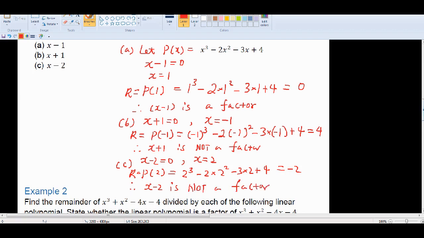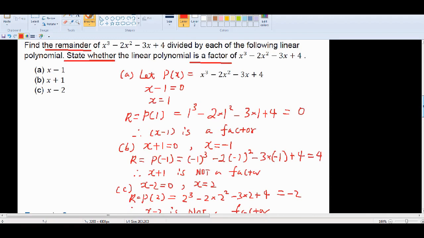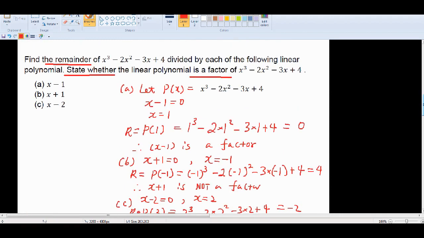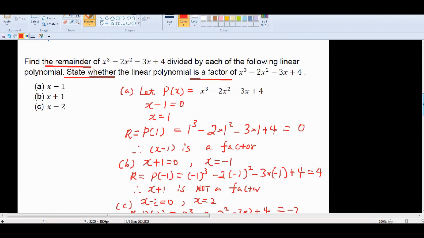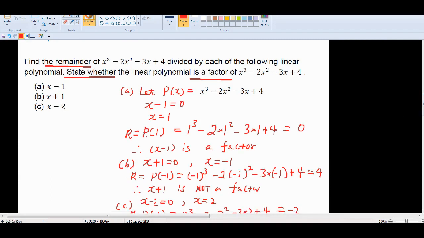From our first example, you could see when we substitute the number that makes the divisor 0 into the polynomial, you will find the remainder. No matter what value it is, it will be the remainder.